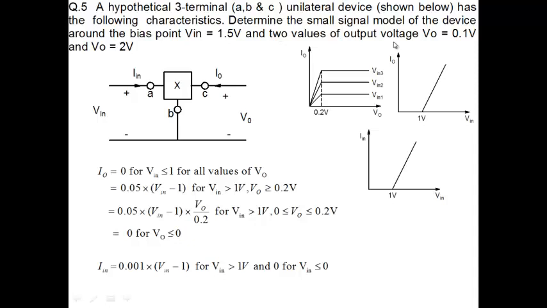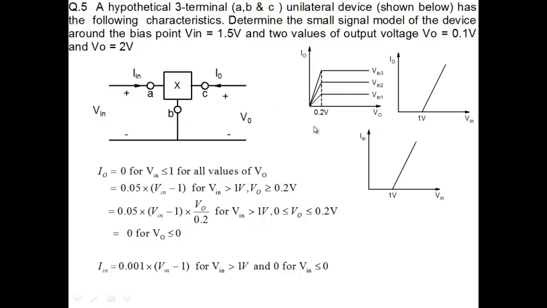And for two cases, one is V0 is 0.1 and the other is V0 is 2. Two bias points are given. When V0 is 2, you are somewhere here in this region, and when V0 is 0.1, you are somewhere in this region here, in this particular part.